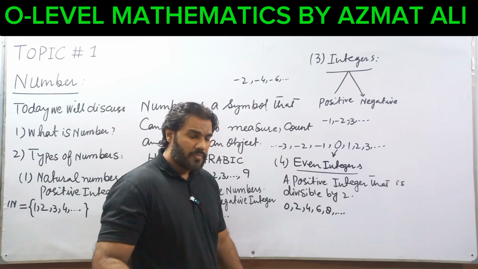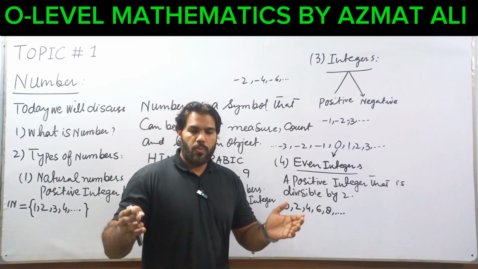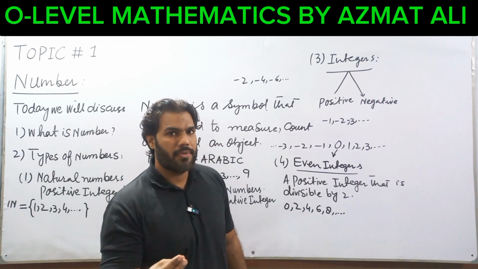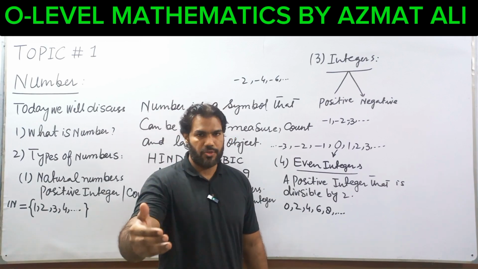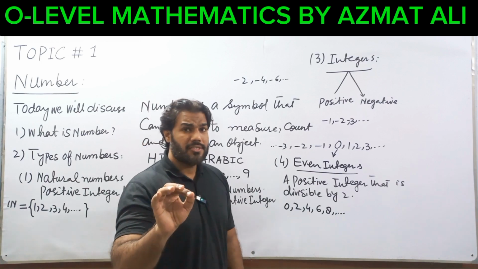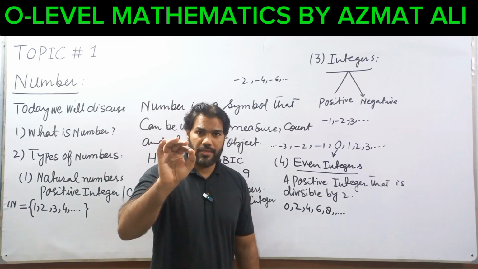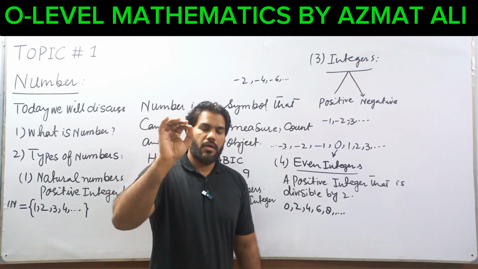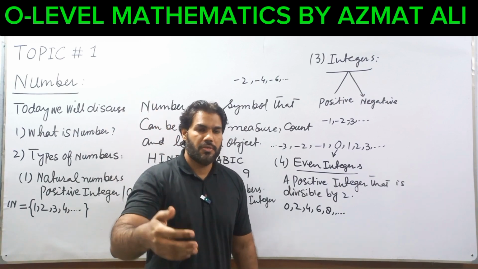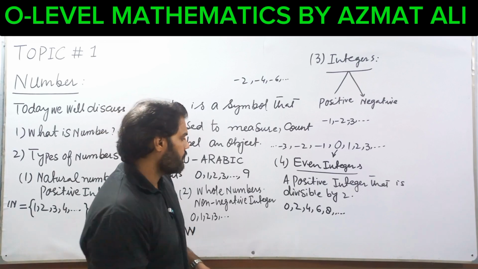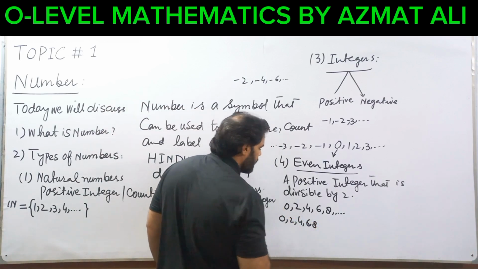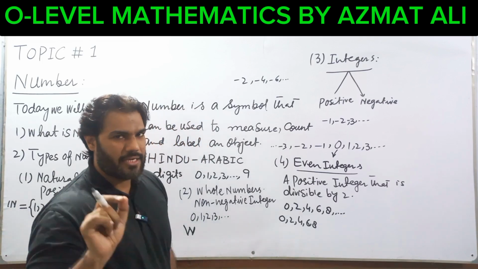Next, I share here a trick. If we have a number that consists of two or more digits, whether it is even or odd: if the last digit of any number, whether it consists of two, three, four or any number of digits, is among 0, 2, 4, 6, 8, then that number will always be an even integer.